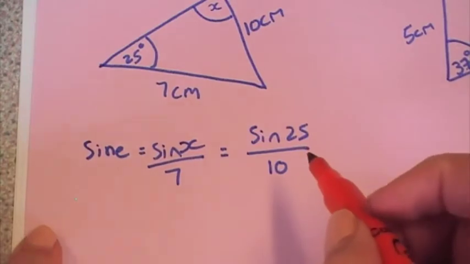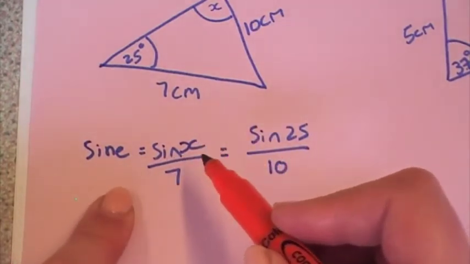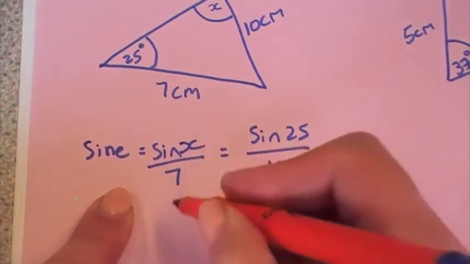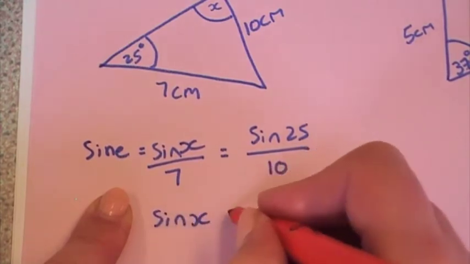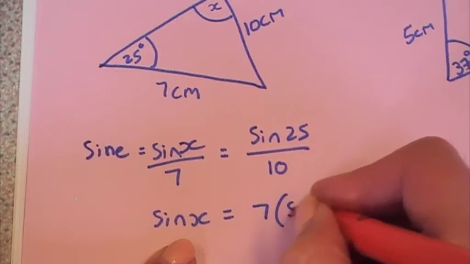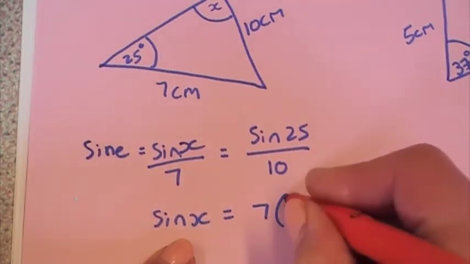Now I've done this, hopefully you can see that in order to get sine of x on its own, I'd have to multiply that 7 away. So sine of x is equal to 7 lots of sine 25 over 10.